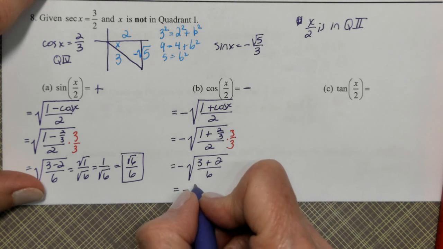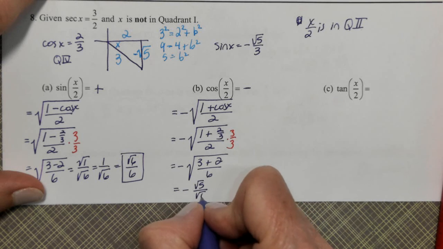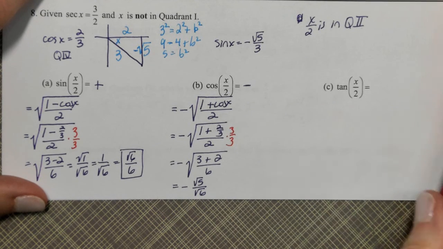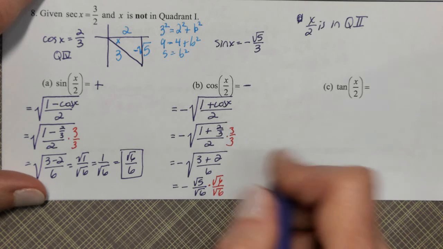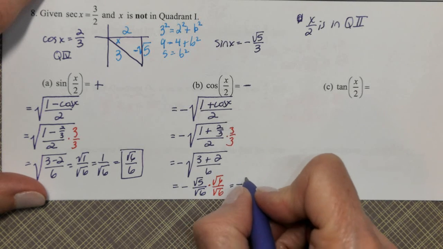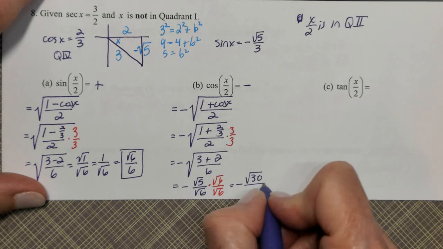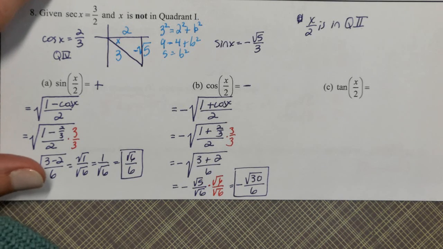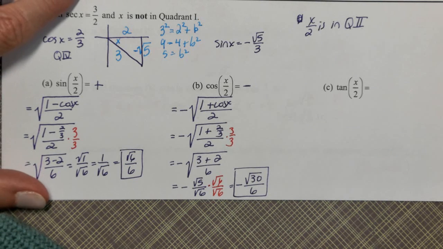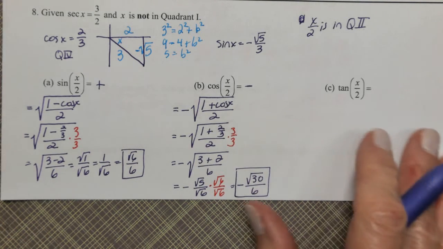And we get negative square root 5 over square root 6, right? This time, when you rationalize for a multiple choice answer, we're going to get negative square root 30 over 6. And that's that. There's no perfect square in 30, so that's the reduced form for that.